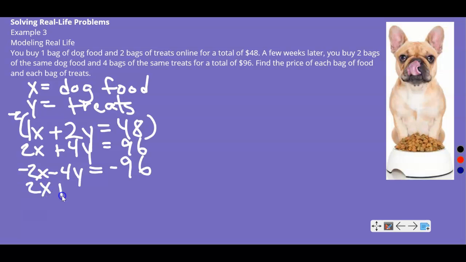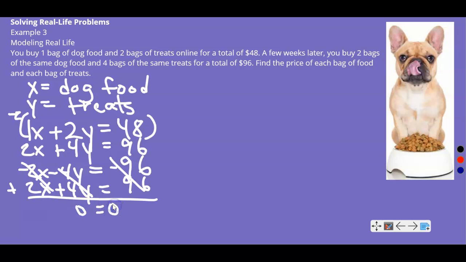So now I have 2x plus 4y equals 96. If I add these two equations, this is going to cancel. -4 plus 4 will cancel, and this one will cancel as well. So I'm going to get 0 equals 0.